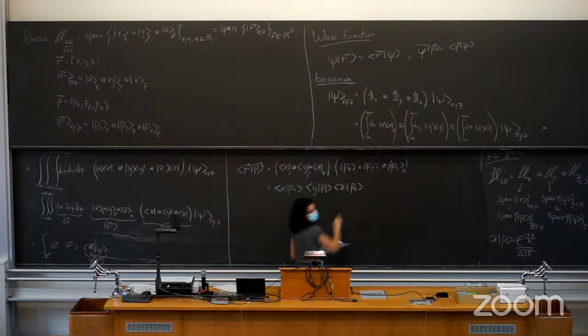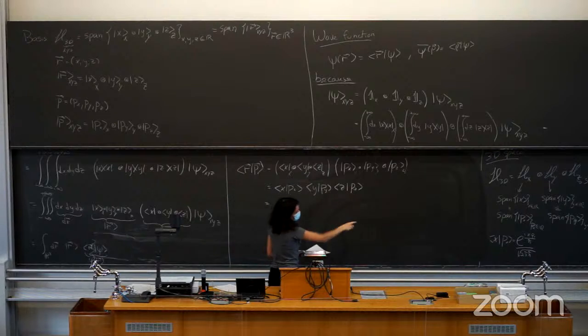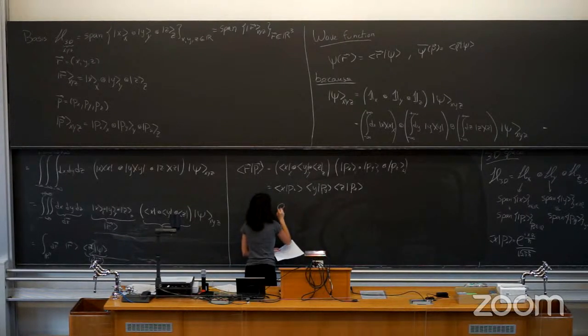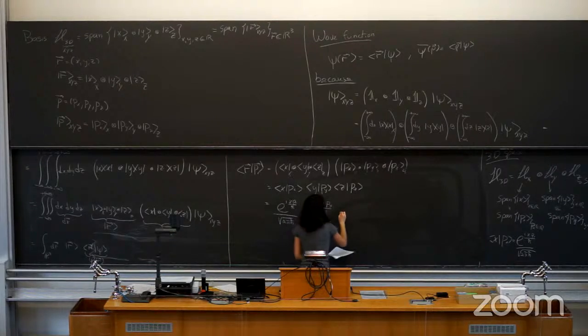Is that right? And each of them, we know from there what they are, right? So this is e to the i x px over h bar. This is e to the i y py over h bar, normalized. And this is e to the i z pz over h bar.